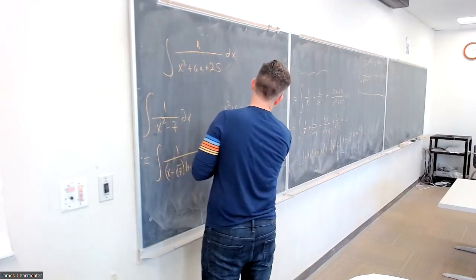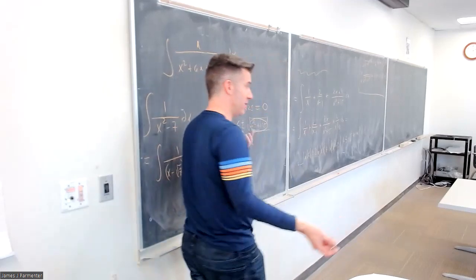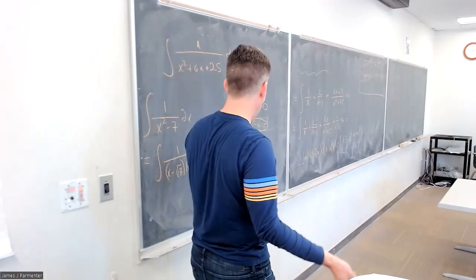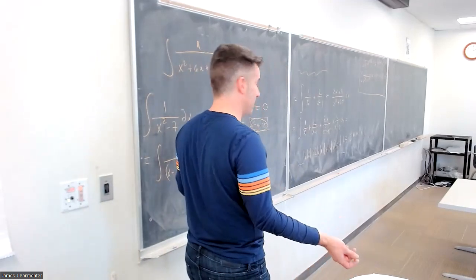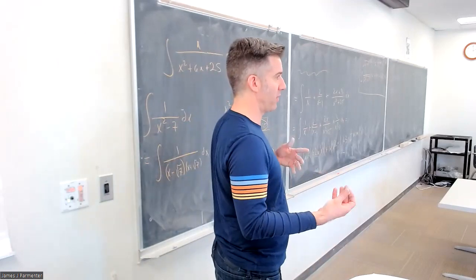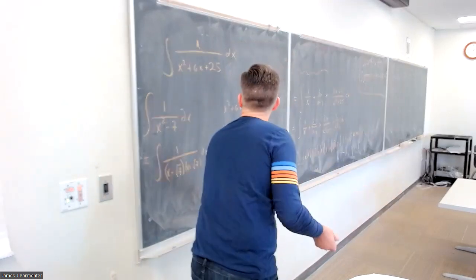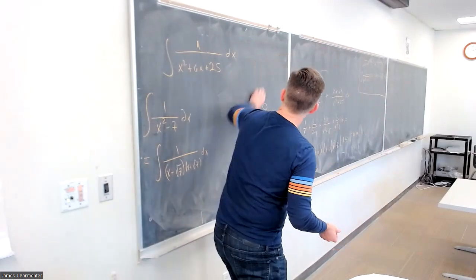And if the discriminant is negative, then we don't get real solutions. And it is negative: 36 minus 100 is definitely negative. So that's the real criterion for whether you do this Ax plus B thing or not.